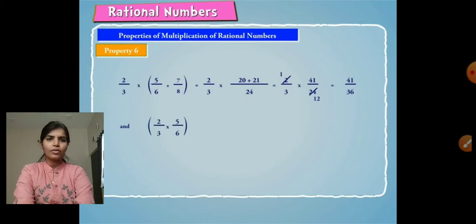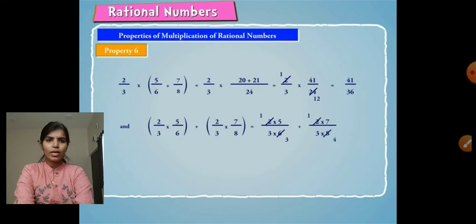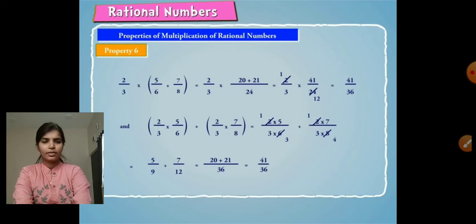And we take 2 by 3 into 5 by 6 plus 2 by 3 into 7 by 8. So 2 by 3 into 5 by 6: 2 ones are 2, 2 3s are 6, that means 5 upon 9, plus 2 by 3 into 7 by 8. So 5 by 9 plus 7 by 12. So our solution is the same, 41 upon 36.